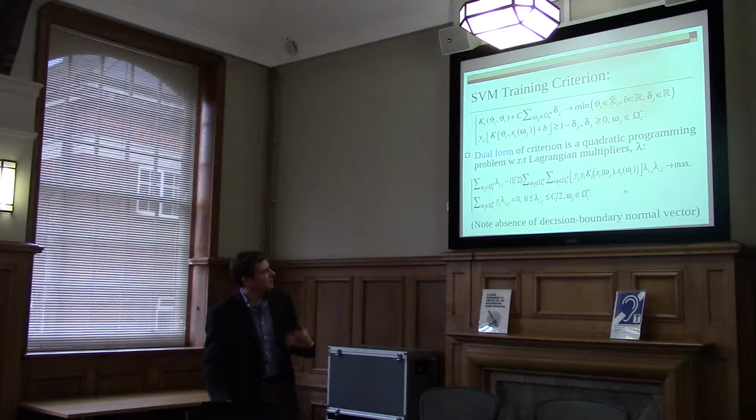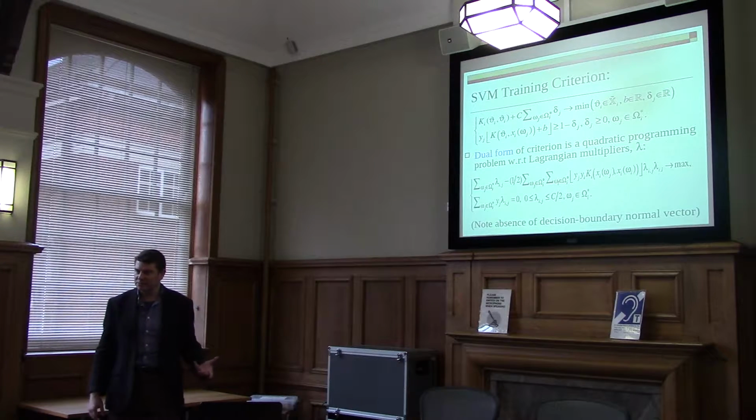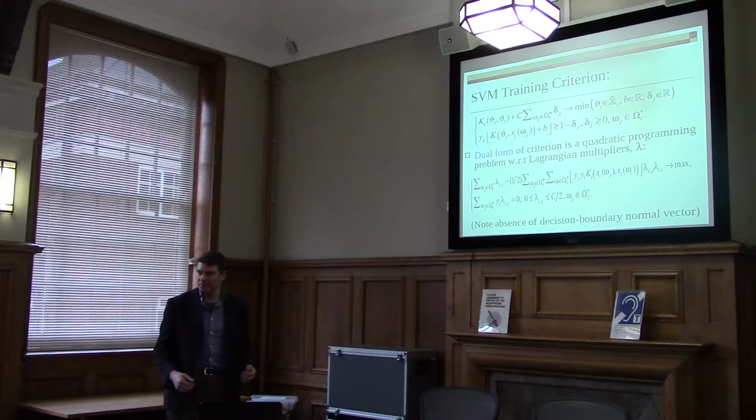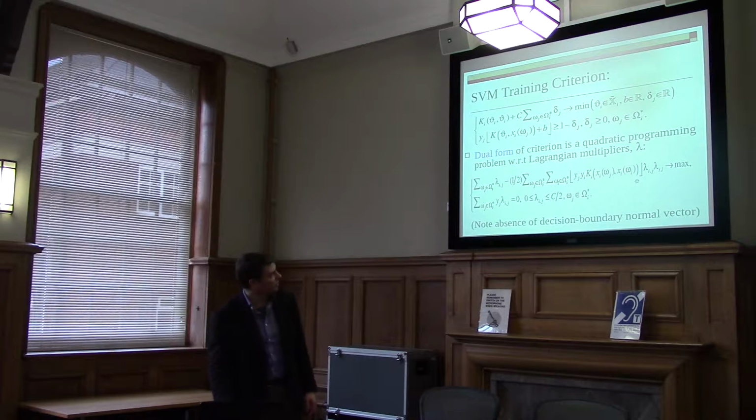So the key thing is when this is dualized, so all Lagrangian optimization problems have a dual form. And when you write it in this dual form, you're basically maximizing this quantity with respect to this constraint. And what we've introduced here are a set of Lagrangian multipliers that are part of the optimization.